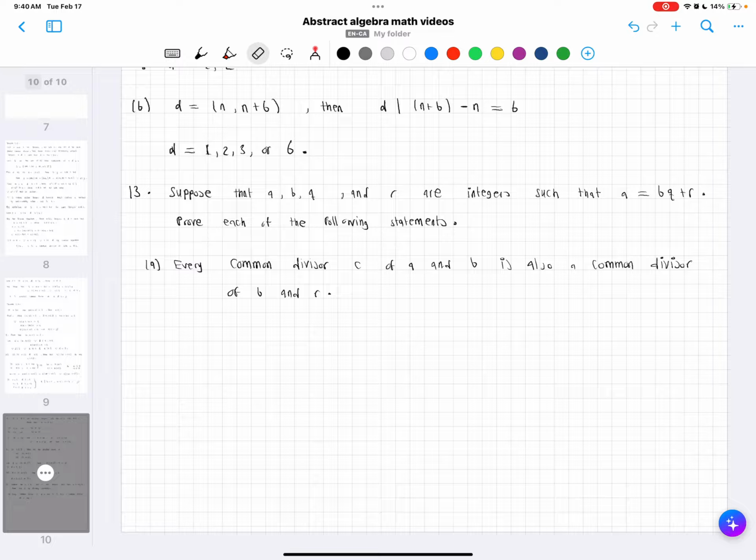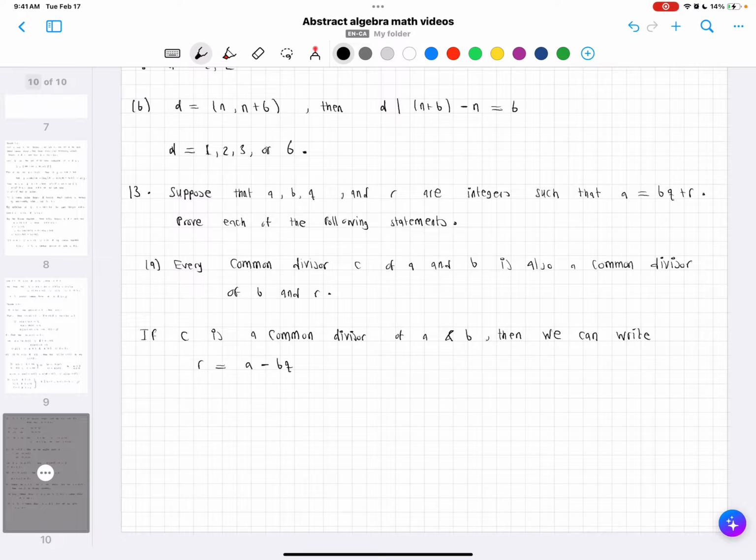So if C is a common divisor of A and B, then we can write R as A minus BQ.